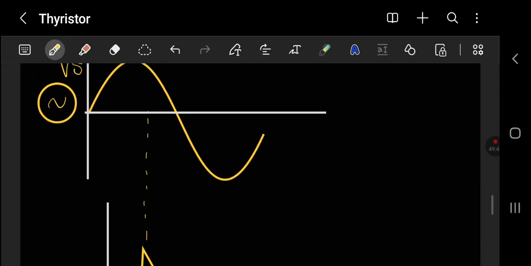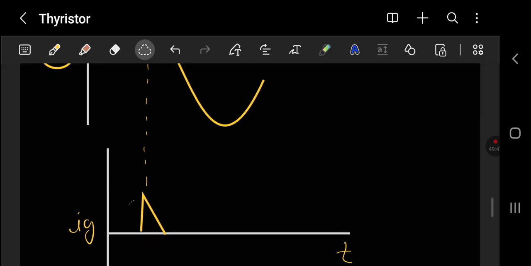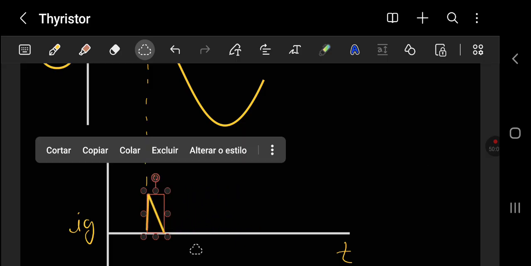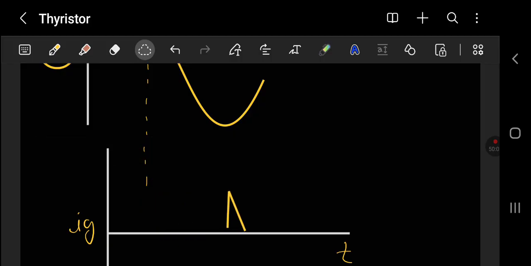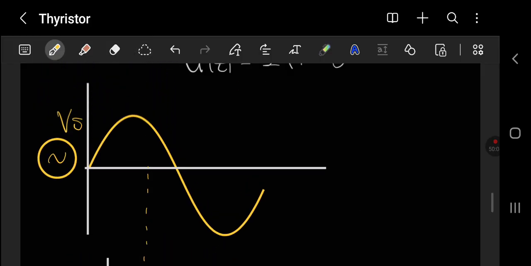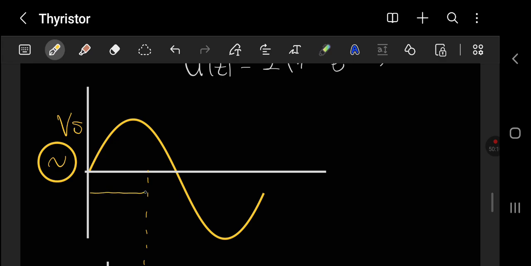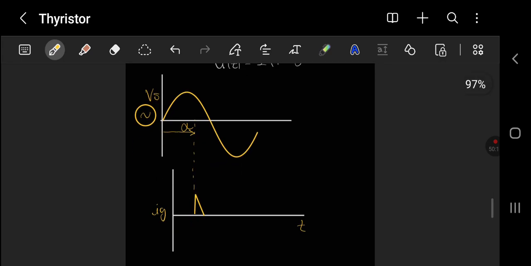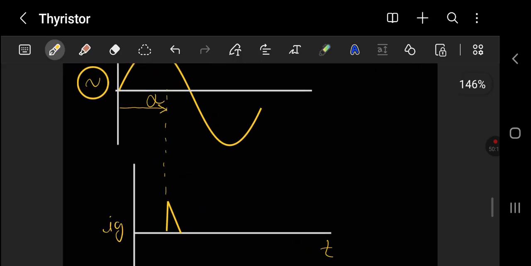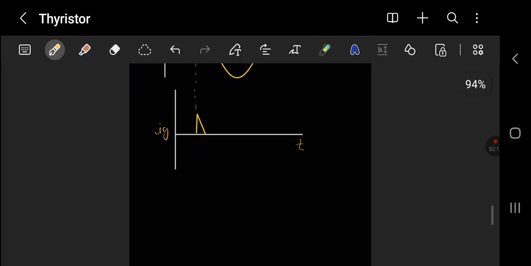We have a time base, and from here you could trigger this current at any time of this time base. You could trigger right here, as I'm drawing. You could trigger right here, and that is called the angle of trigger, and this is alpha, which is the angle of the trigger.